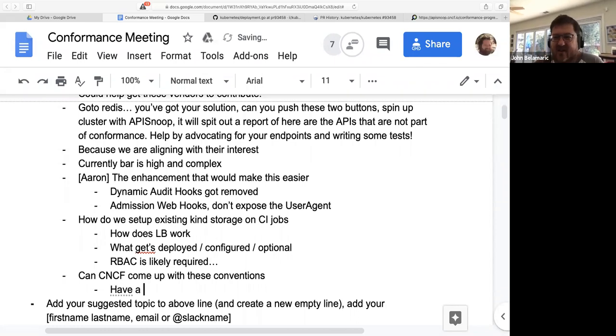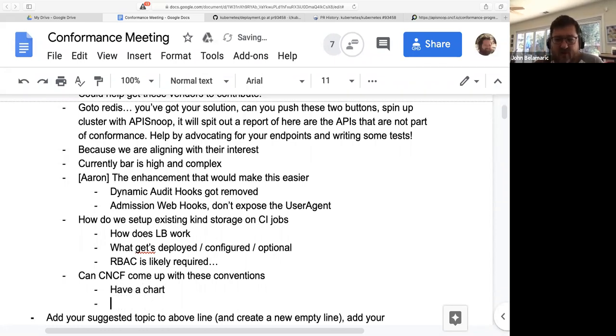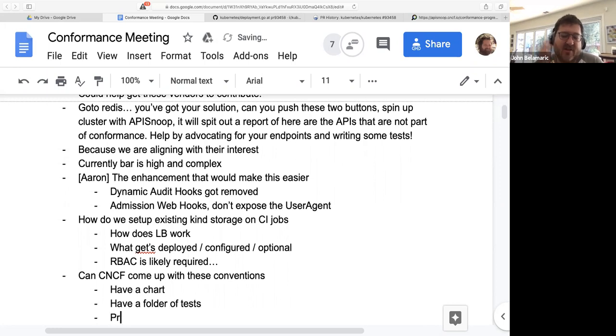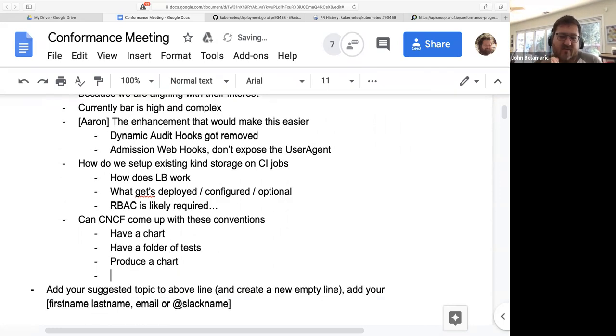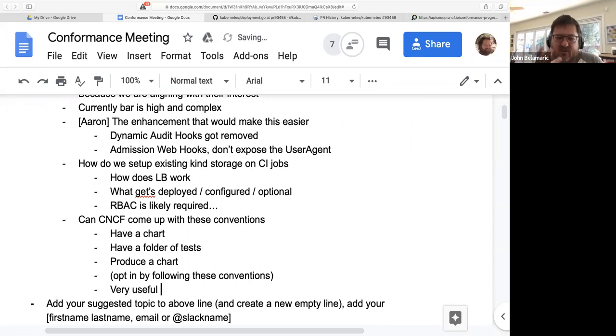It'll execute those tests, and it'll produce a report, right? If projects could opt into that by following those conventions, it would be very useful for the projects for sure, and it could potentially be useful for us if they're all running on Kubernetes.